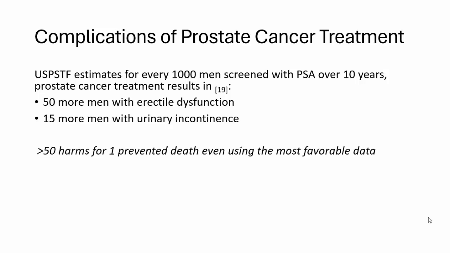So it depends on which of the data sets we use, but even using some of the more favorable data, if we cherry pick out the ERSPC data, we're still having more than 50 harms for every 1 prevented death. And with regard to incontinence and erectile dysfunction, we're generally talking about permanent complications for the patient.